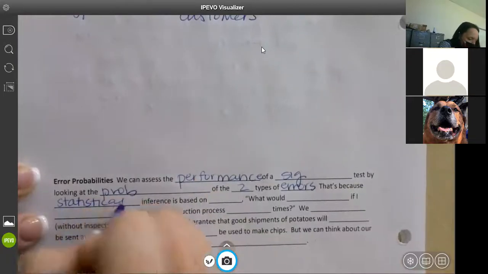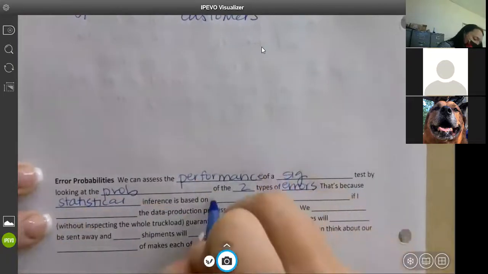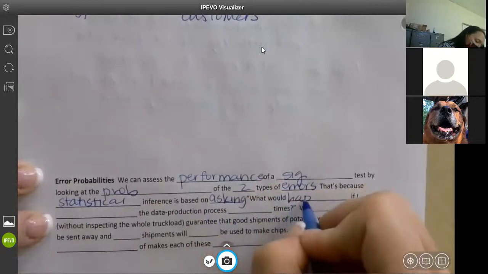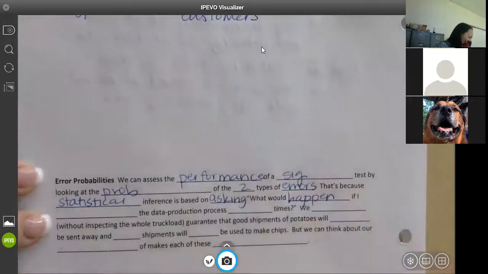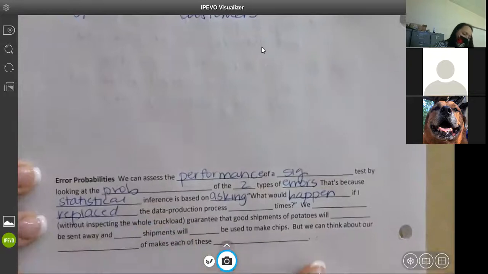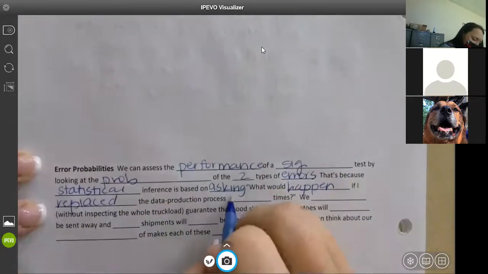That's because statistical inference is based on asking: what would happen if I replaced the data production process many times?